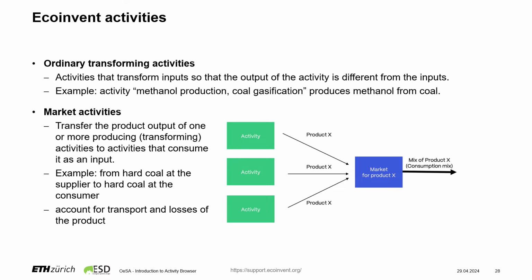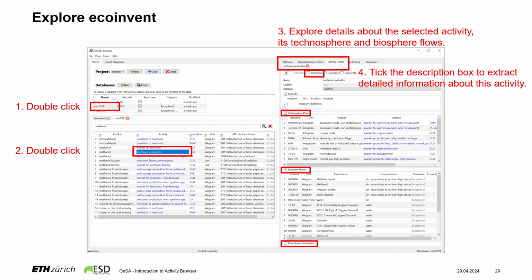Now, when the Ecoinvent import is done, you can also explore Ecoinvent in the same way as you've looked at Biosphere activities before. You just need to double click on the Ecoinvent database. It will give you the list of all kinds of activities, and you can filter them here, find activities by name, for example. And here you can also look at what is inside each one of your activities.